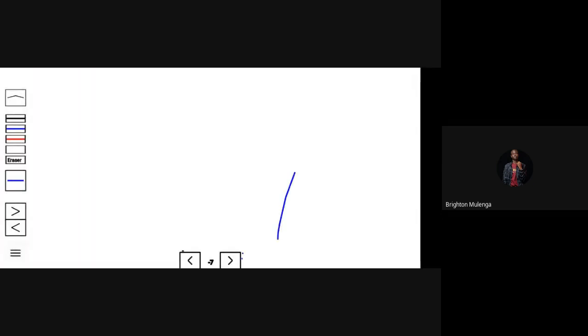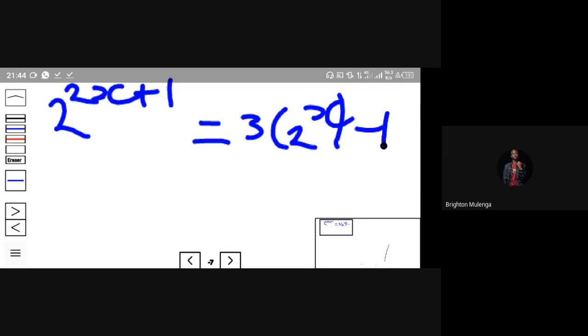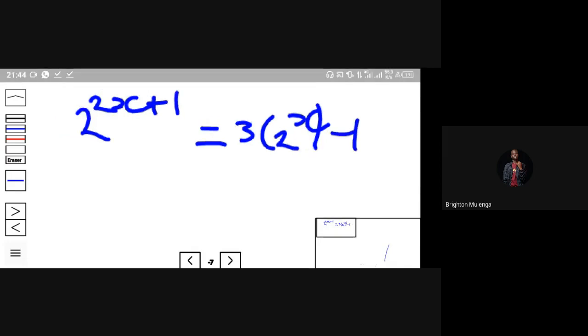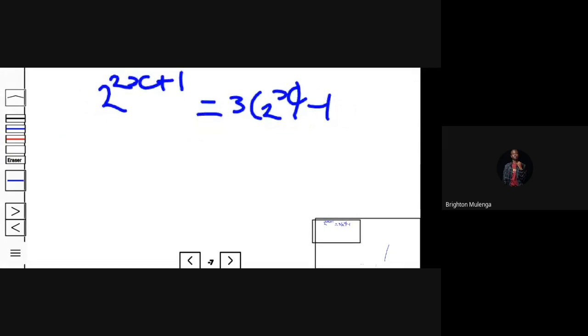Yes, cheers. The question is 2 to the power 2x plus 1 equals, let's open bracket, times 2 to the power x, then minus 1. So I was saying, if you've got the same base, we know that if we are multiplying functions having the same base, we can just add the powers.